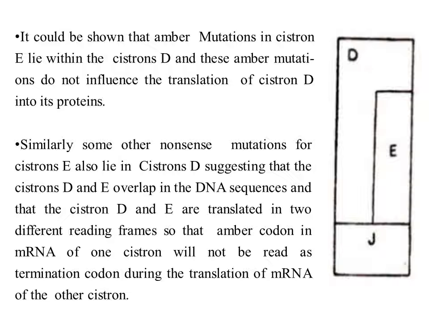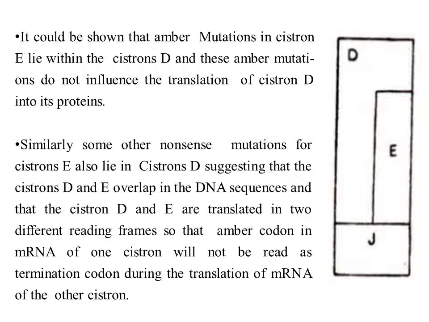In this picture, you can see E is overlapping D cistron, but whenever the coding sequence of E ends, at the terminal region you are going to find a termination codon.